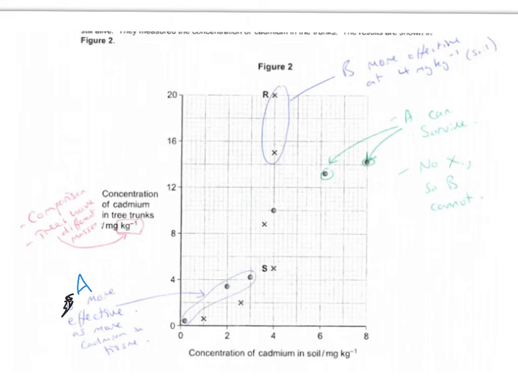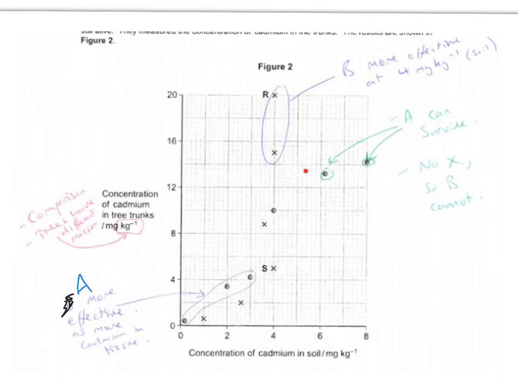However, on the whole, species A is better. So first of all, species A, we can see, can survive in higher concentrations of cadmium in the soil. This suggests that species B cannot survive at the higher concentrations of cadmium in the soil because there are no crosses anywhere for 6 or 8.